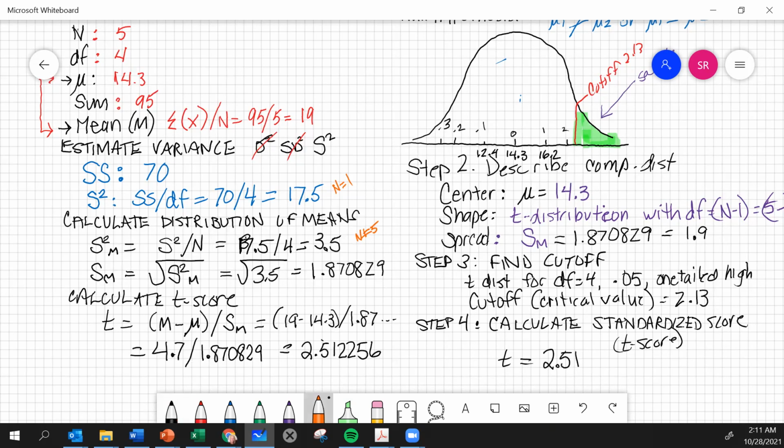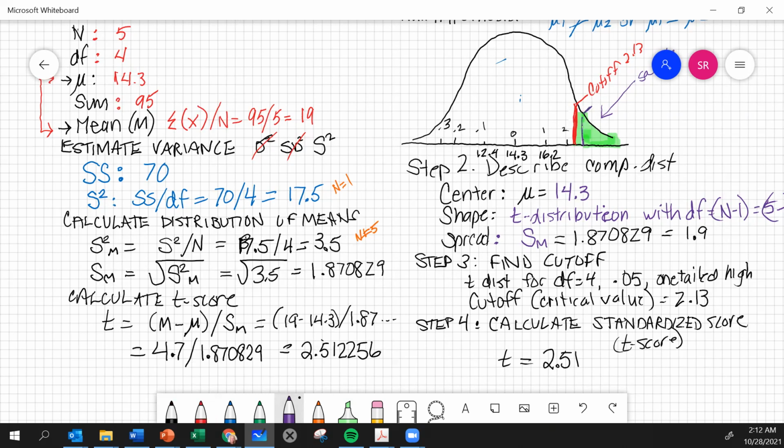And now I can put this into our distribution. So where is that going to fall? So here is our cutoff point, 2.13, nice and dark here. Our individual score is 2.51, which would be a little further out towards the tail of the distribution. It would be right about here between 2 and 3.